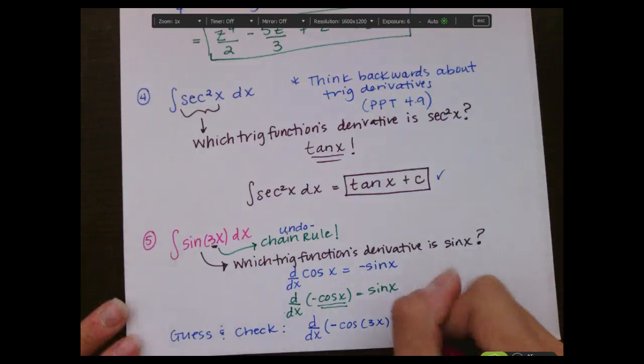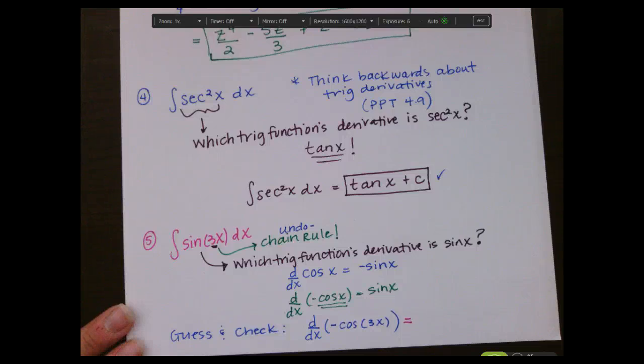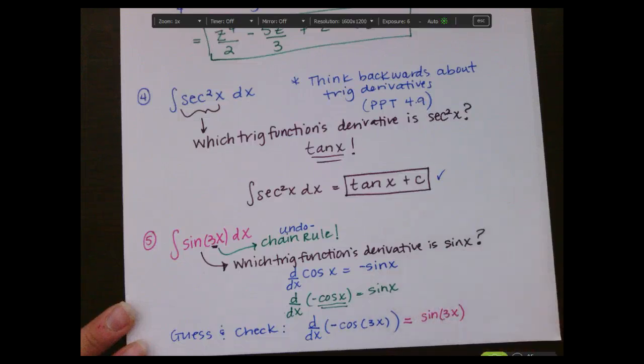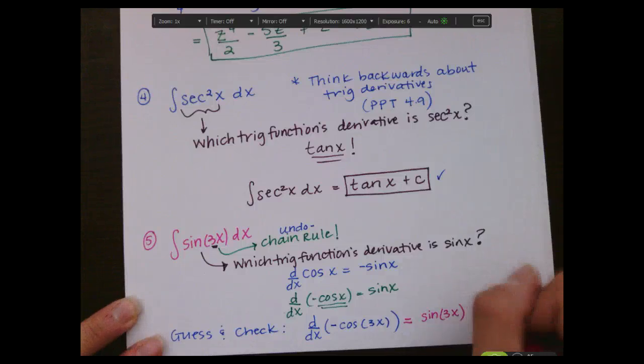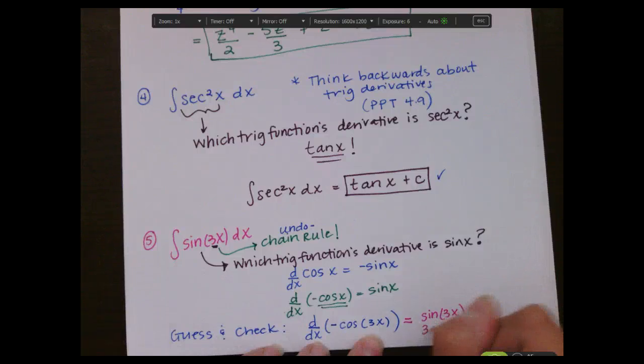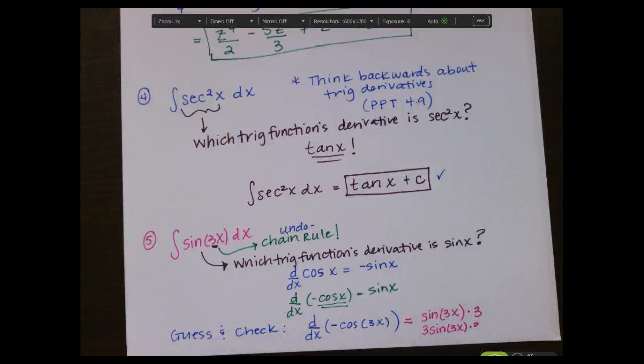So remember, I'm doing derivative here. So the derivative of cosine is negative sine. I want the opposite of that, so that'll be the positive sine of the inner function, 3x, times, remember this is the chain rule, the derivative of that inner function, so times 3. So that would give me 3 sine 3x. Sorry, I already wrote the times 3.